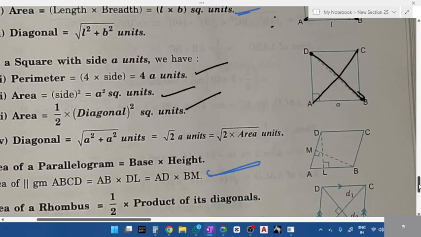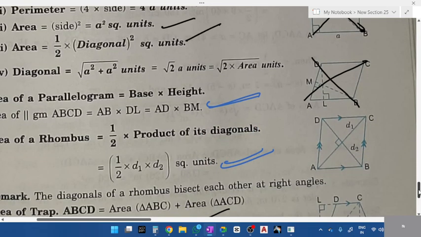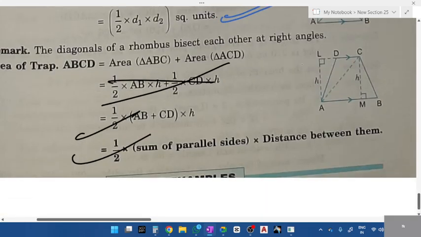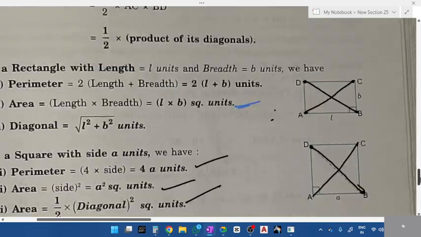What about parallelogram? Diagonals are straight. If you just draw a straight line, are they touching each other? Yes. Even for rhombus, fine. Even for this one, the diagonals are straight, students. Look here. It will be just two straight lines. The diagonals will touch, coincide.